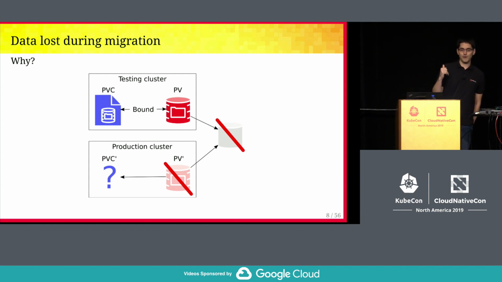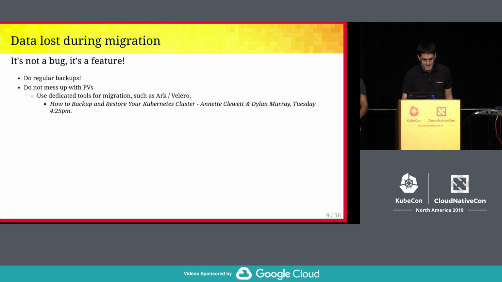Because to Kubernetes, it looks exactly the same: there was a claim, there was a PV, but somebody has deleted the claim. It's exactly the same situation in the API server, and Kubernetes has no way to distinguish this failed migration from a user deleting a persistent volume claim. And how did we fix it? We did not fix it at all, and we will not fix it.